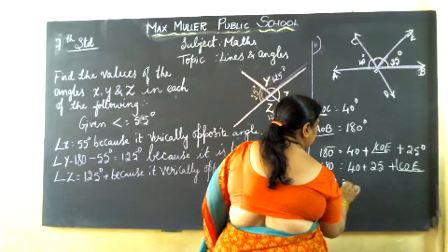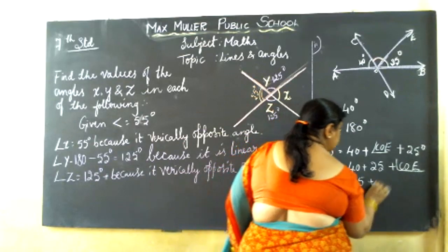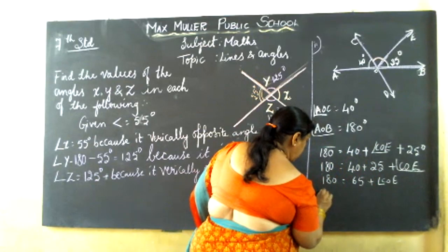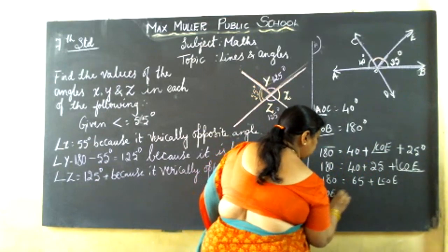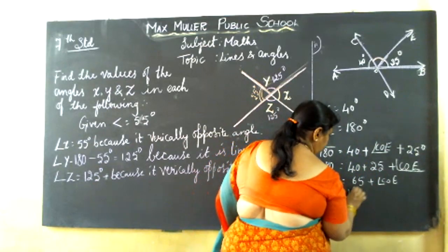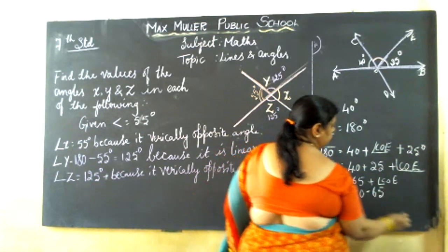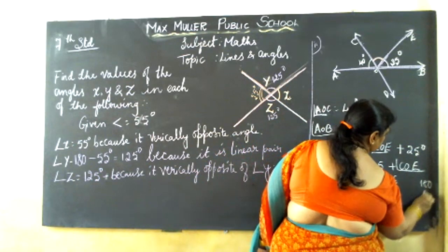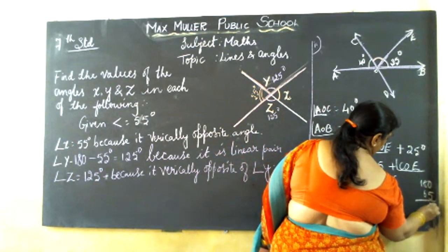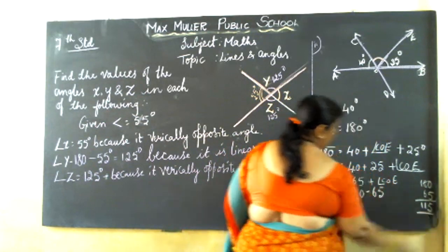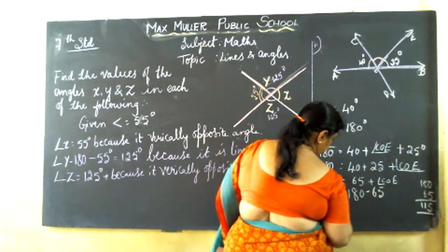So 65 plus angle COE. Angle COE is equal to 180 minus 65, 115.